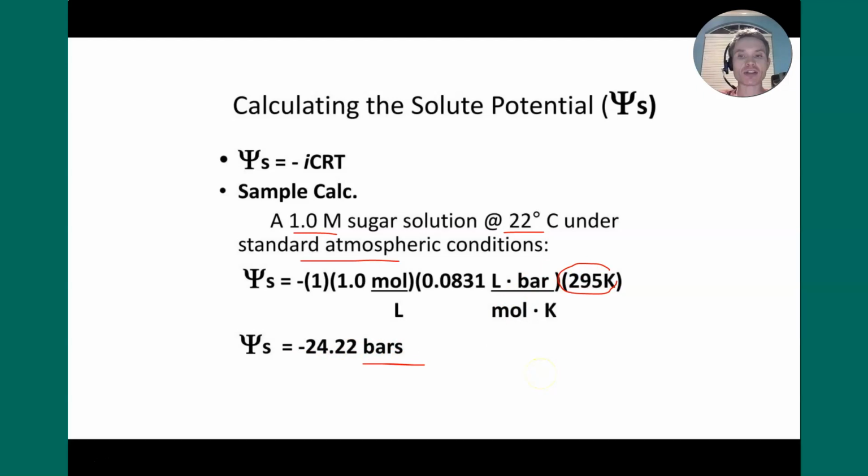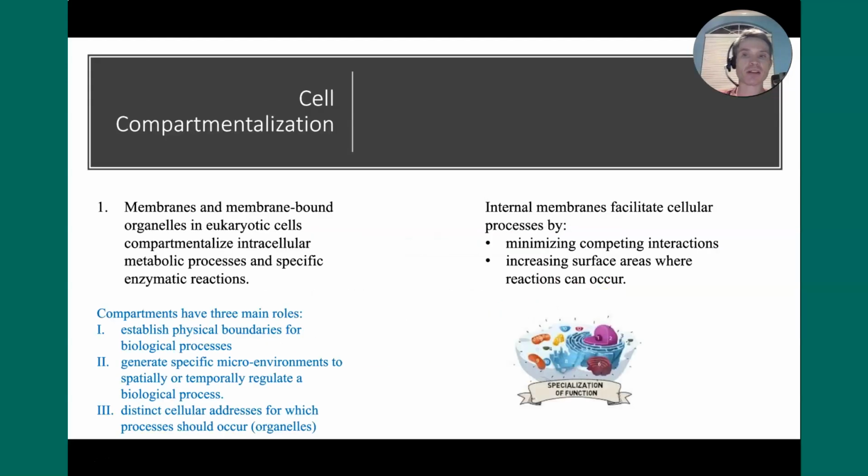So on your test, make sure you're able to calculate that. Next, cell compartmentalization. When we deal with cell compartmentalization, there are 3 reasons why we have compartments, i.e. organelles, in our cells. They provide an advantage compared to bacterial cells. The basic understanding is that they increase the efficiency by which our cells function.